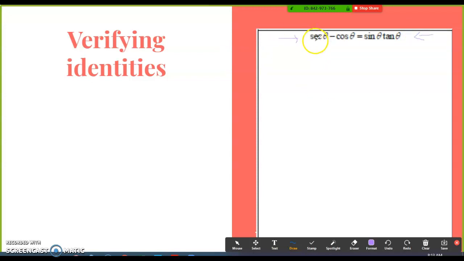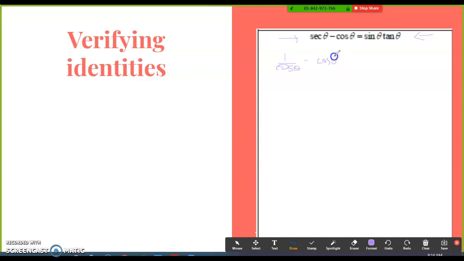Okay, here we go. I need to make secant of theta minus cosine of theta look the same as sine of theta times tangent of theta. So the best thing to do, guys, and what I suggest first, is to rewrite everything in terms of sines and cosines. So I'm going to say this left side, changing it in terms of sines and cosines, secant of theta, I know its identity is 1 over cosine of theta, and minus cosine of theta.